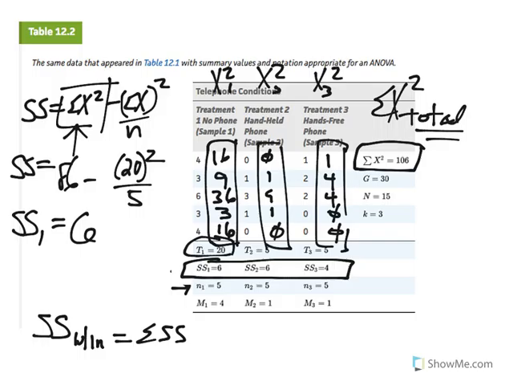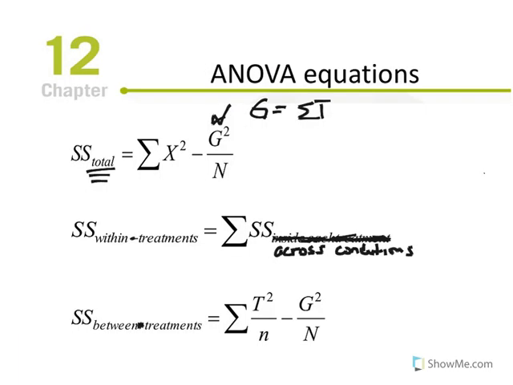This will be the easiest calculation simply because we're quite accustomed to calculating SS for different treatments, and now it's just the sum of all those SS to produce SS within. So again, SS within treatments is simply saying take SS1, add SS2, and add that to SS3. The summation will give you SS within.